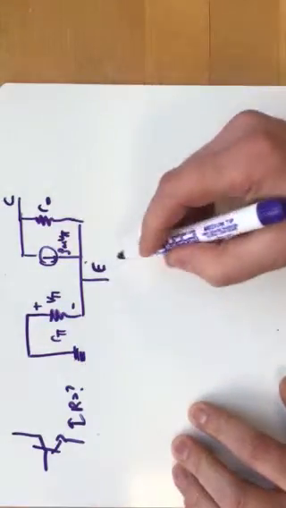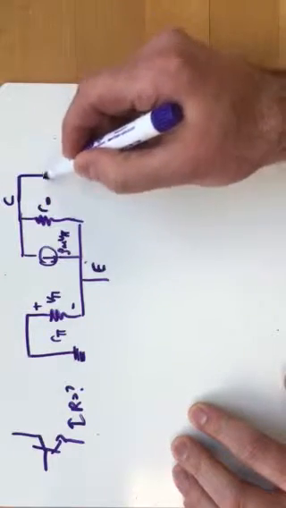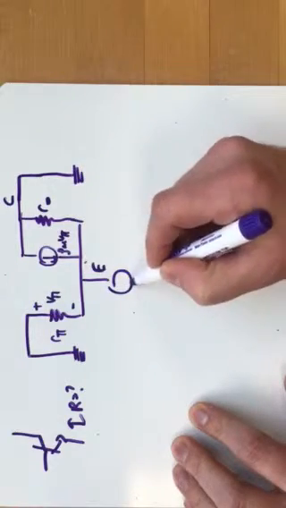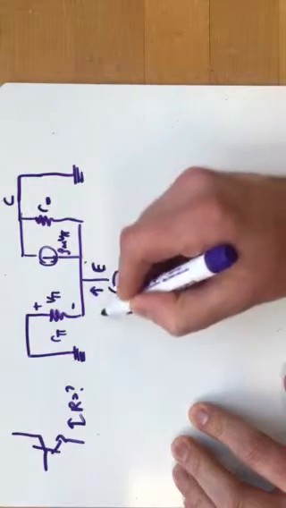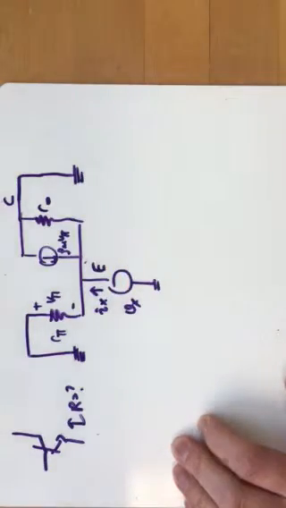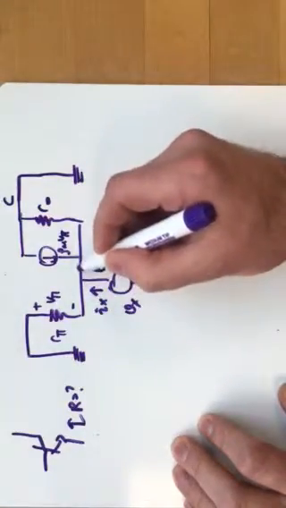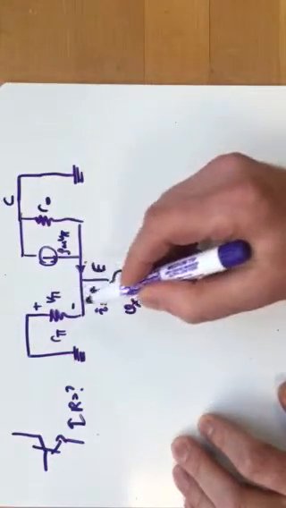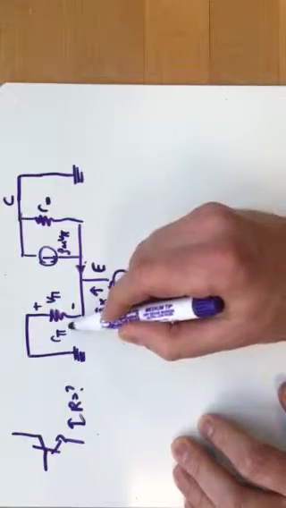So if you're looking from the emitter, we will actually short the collector as well, because we're looking at from here, Vx and Ix. So there is a current coming in here, and there is a current, we'll define it in this direction.